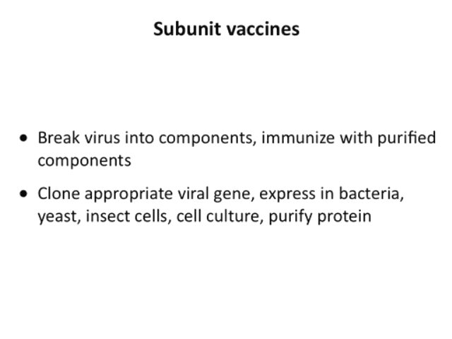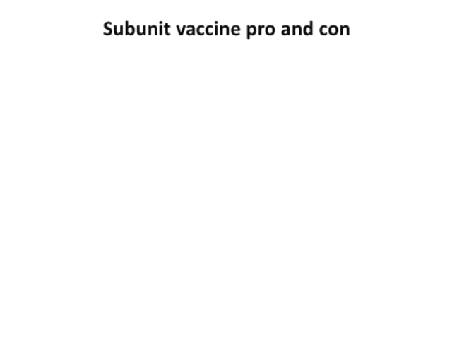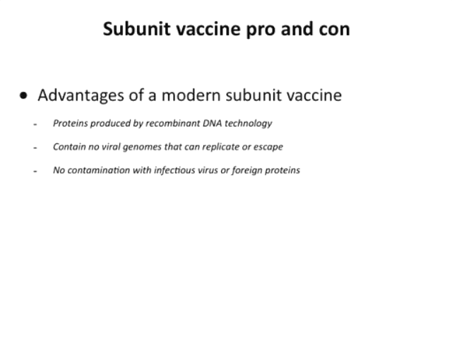If it were the hemagglutinin of flu, you would take the hemagglutinin gene and express it somewhere and purify the protein and inject that into people. Okay. And typically you want to express a membrane protein like the HA of flu, or if it were a poliovirus, a capsid protein.